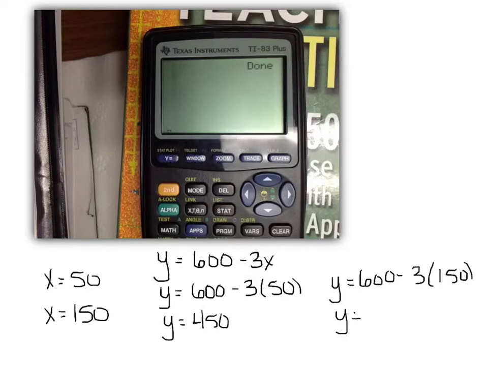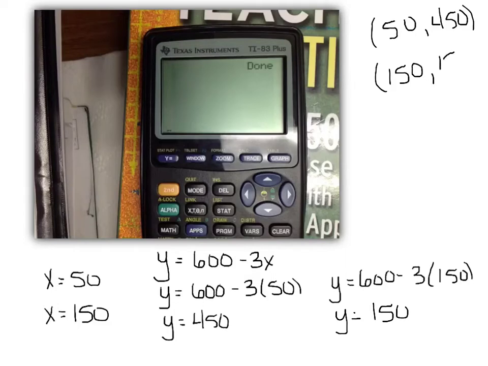Or y can equal 150. So the dimensions are 50 by 450, or 150 by 150.